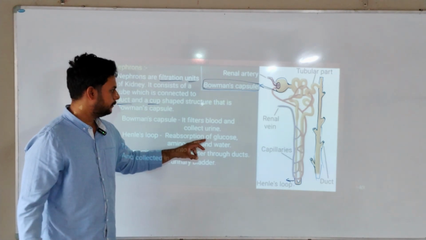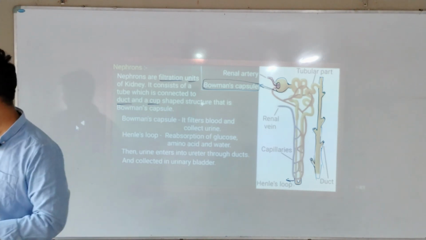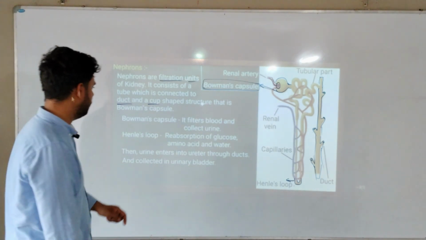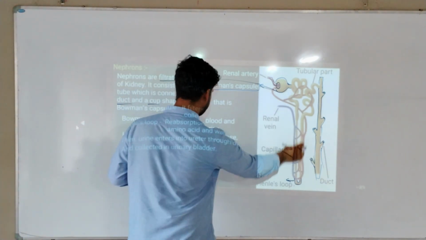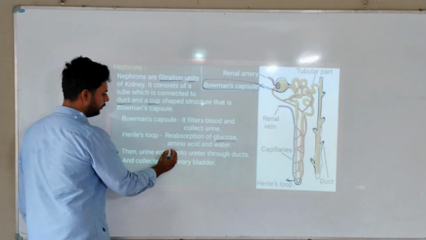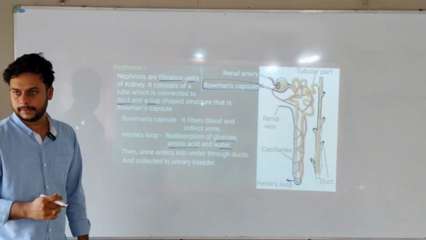Henle's loop reabsorbs glucose, amino acids and water. Amino acid means protein is broken down into amino acids.